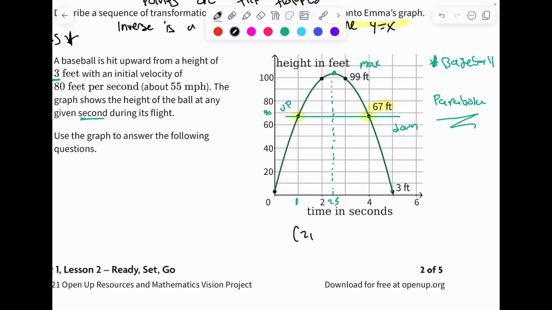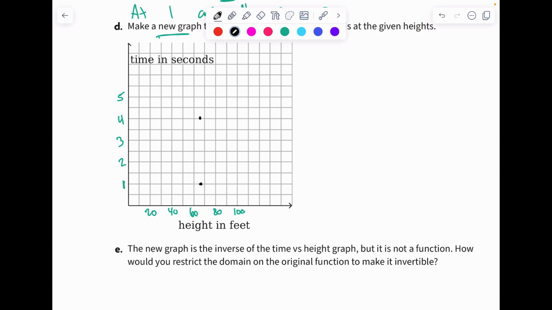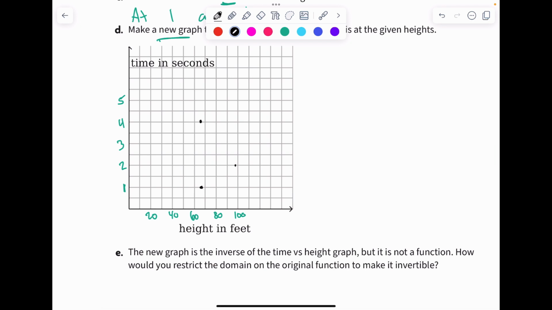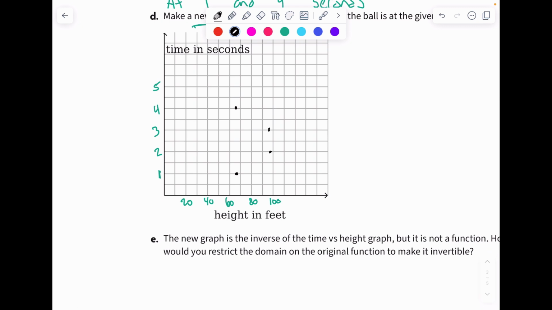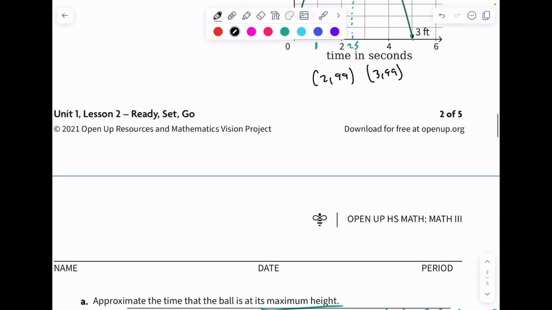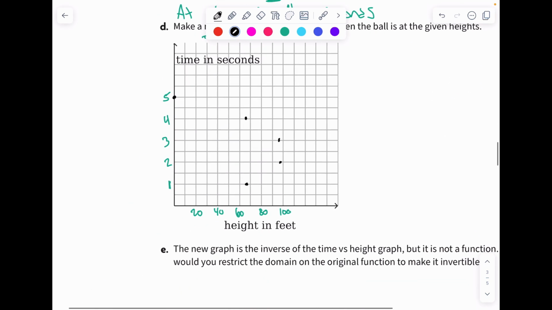At 2, we are at 99. And then at 3, we're also at 99. So at 99 feet, we're at 2 seconds. So essentially going to be right there. And then at 3, we're also going to be right there. Okay. Now let's think about some of these points over here. So at 5 seconds, we are basically at the ground. So at 5 seconds, let's just call it 0. And then at 0 seconds, we're about 3 feet. So let's call this basically going to be right there.